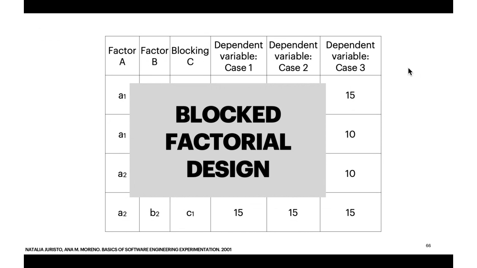However, discussing it as part of this course would really go beyond the scope. This is not common in software engineering, but it is important for you to know that this kind of situation might occur. You should be aware of them, and should you be interested in designing this kind of experiments, there is literature you might consult. Either this book of Juristo and Moreno I already mentioned, or general books on design of experiments.